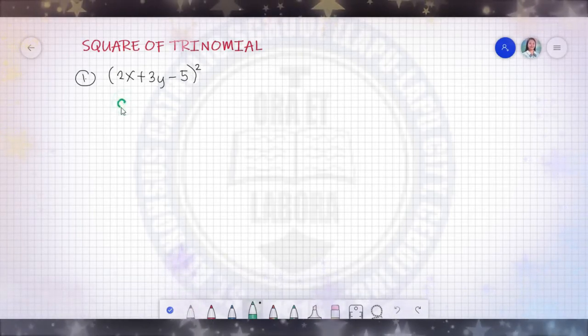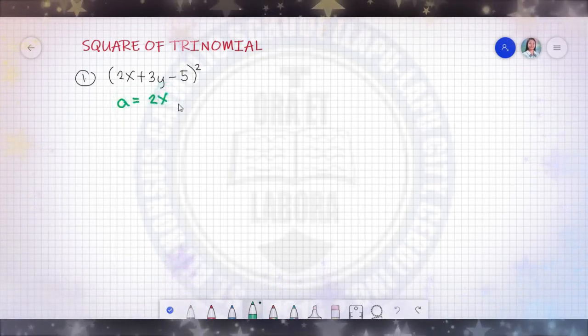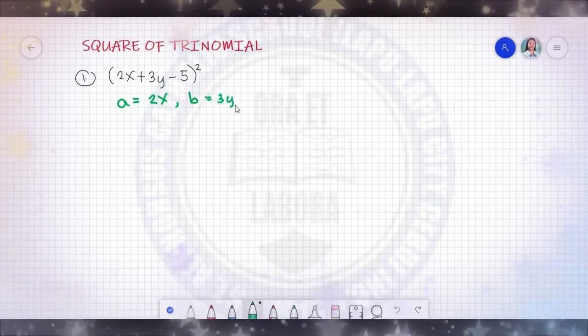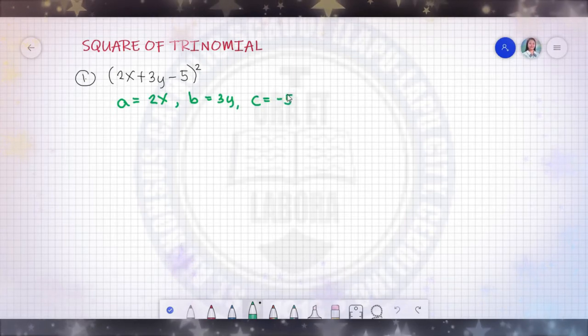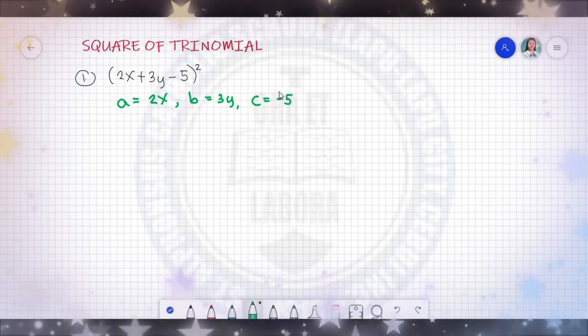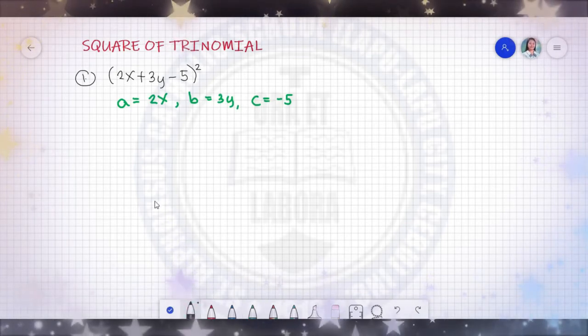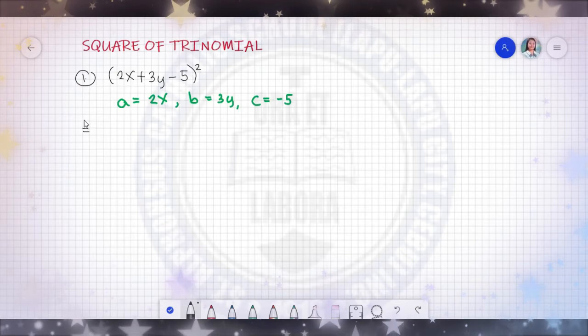What is your a? Your a is 2x. Your b is 3y. And your c is negative 5. After identifying your first, second, and third term, then use the pattern and simplify.